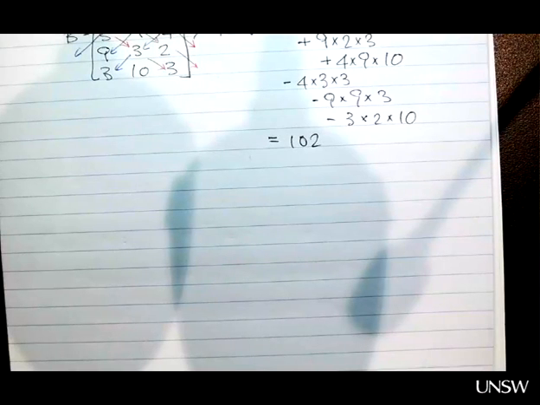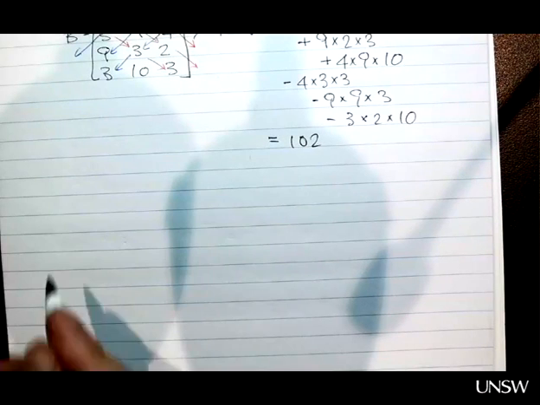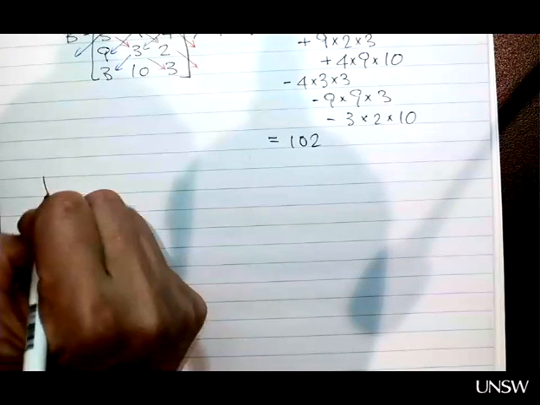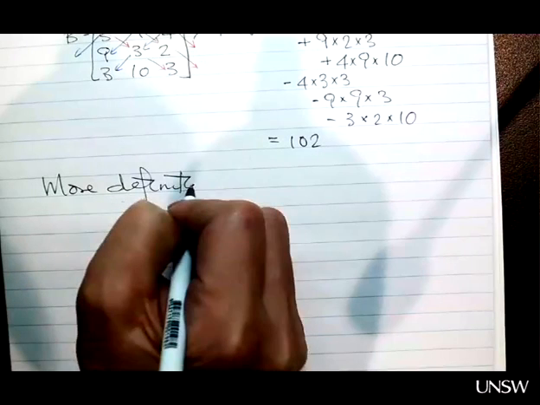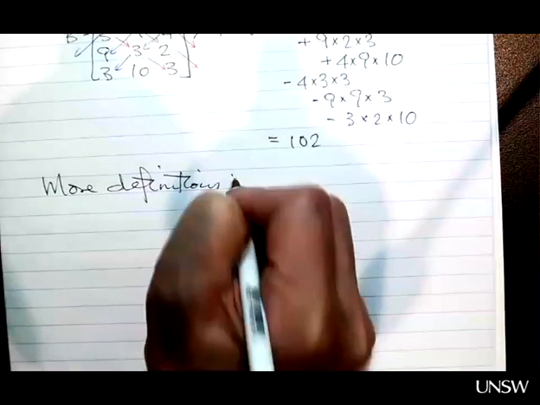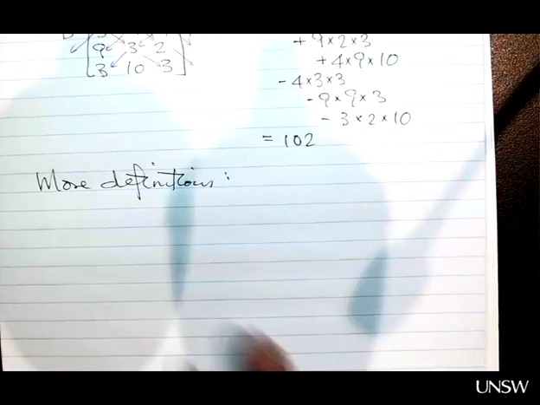Then we have a few more definitions. Okay, more definitions. First of all, we define a minor.